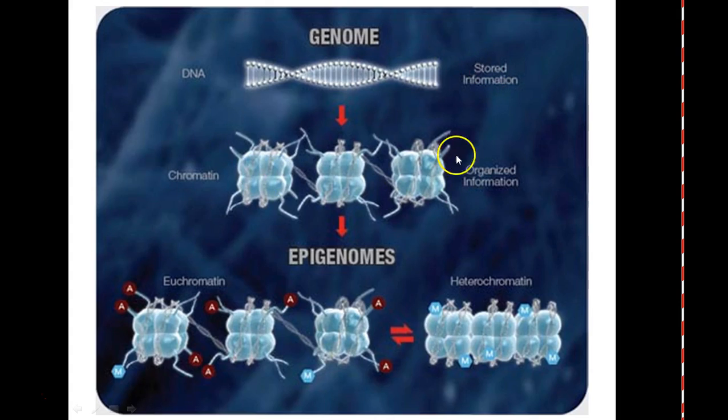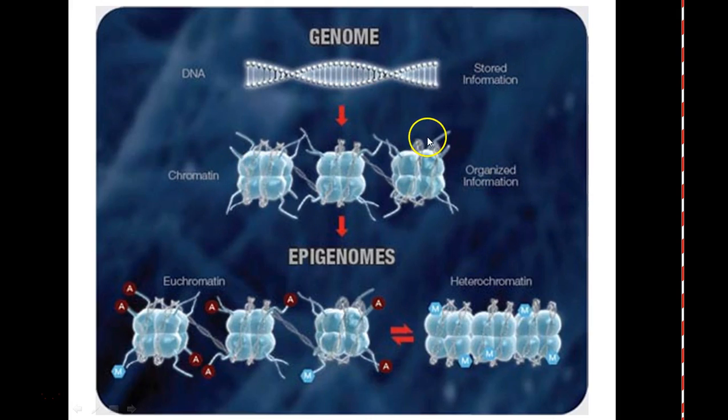And then when we have the chromatin, this information is organized. And when the information is organized, this has a meaning. This can respond to different signals. It can respond dynamically to the surrounding environment, to a changing environment, because DNA on its own is not able to do much. So we need all of those proteins.